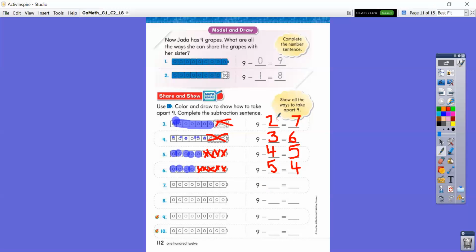Okay, if we keep going, we took away 2, 3, 4, 5. So this time we're going to take away 6 of those grapes. So we would go 1, 2, 3, 4, 5, 6. And we can color blue the ones that she's keeping. Okay, so how many did she keep? She kept 3 for herself.